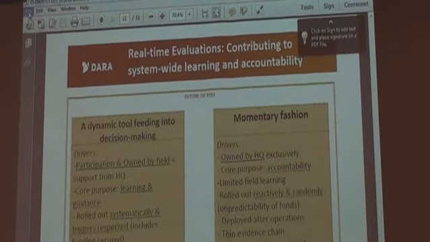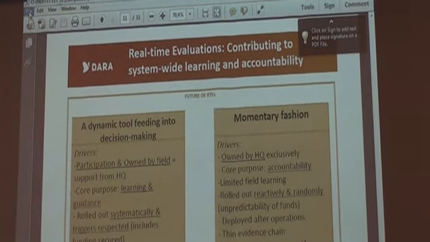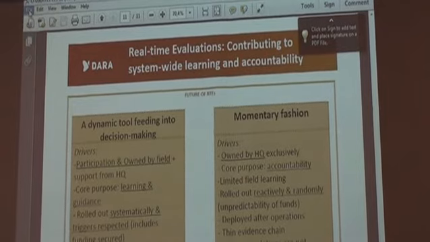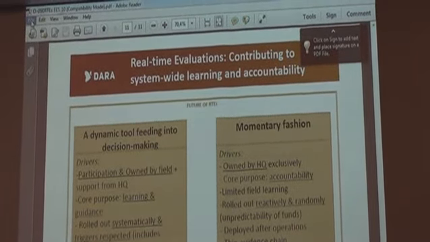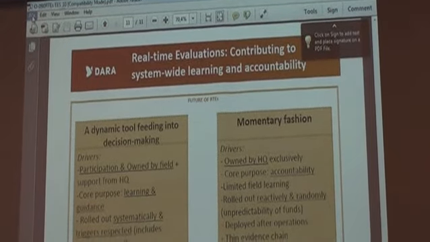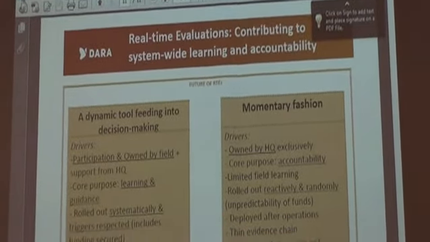Just in terms of conclusion, to be useful, these real-time evaluations will either be a dynamic tool that is built into decision-making, or they will be a momentary fashion. That also depends on a number of factors and on the engagement of stakeholders.